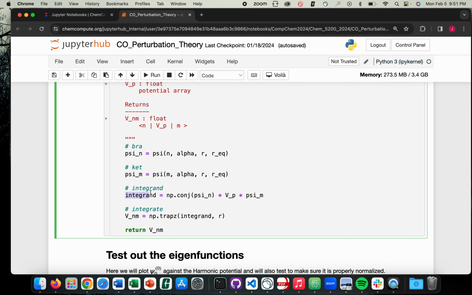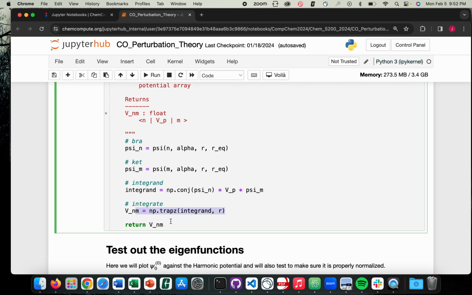Then I define an integrand: the complex conjugate of psi n multiplied by the perturbing potential multiplied by psi sub m. I integrate that integrand on my real space grid R using the NumPy trapz function, and return it.